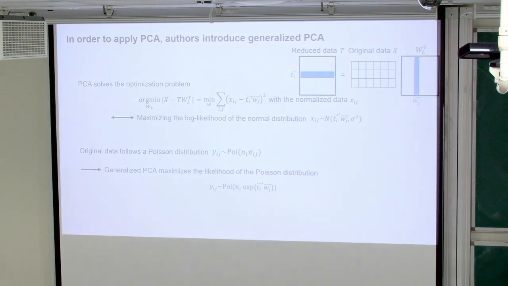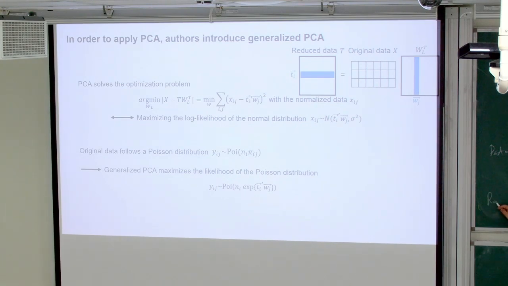The summary is this. Let's call it classical PCA. To use the classical PCA, the data should follow a normal distribution.